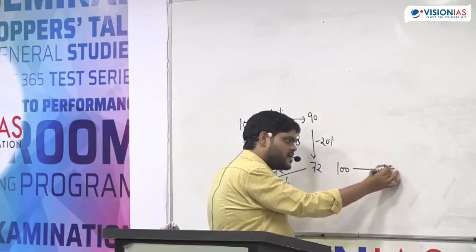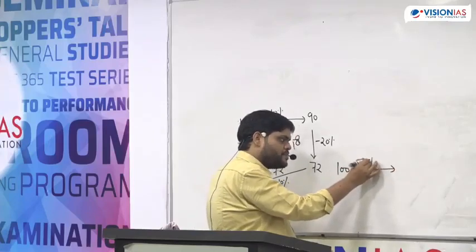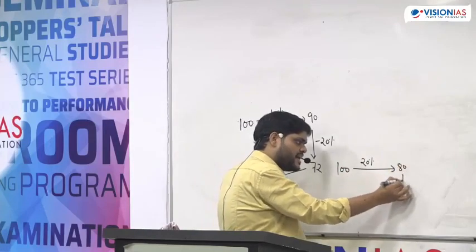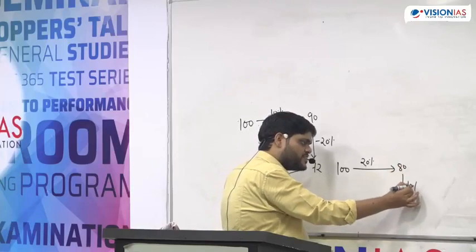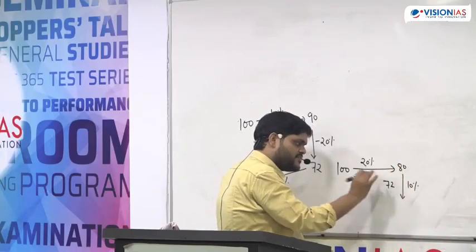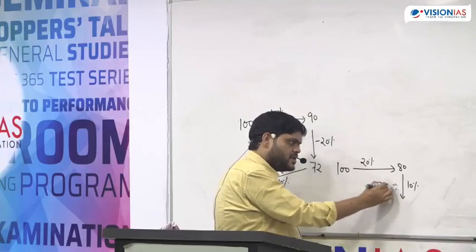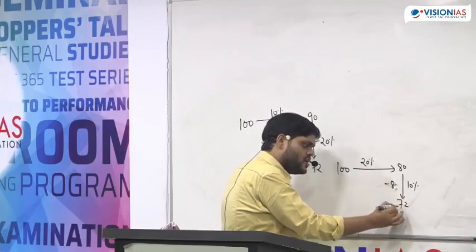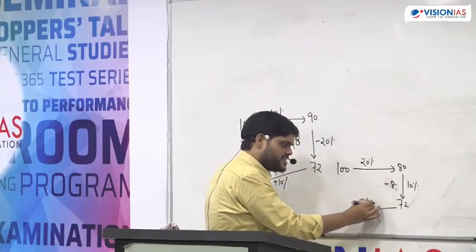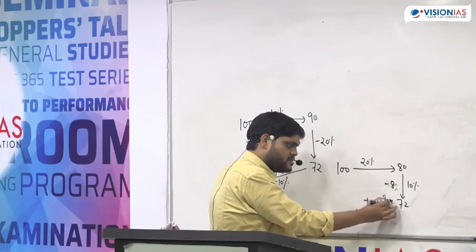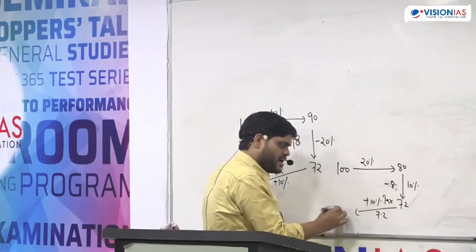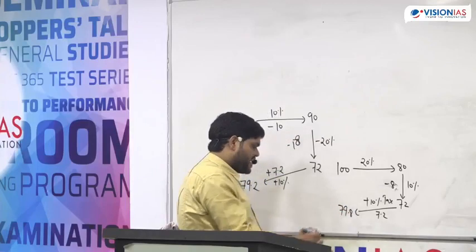100. First discount of 20, this will become 80. Then discount of 10, this becomes 72. Then you are paying 10% tax. This again becomes 79.2.